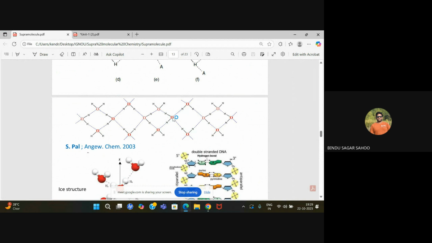Generally, if you consider any compound in solid, liquid, and gaseous form, the solid form has more density compared to the liquid and gaseous. If you go from solid to gas, generally the density decreases. If you go from gas to solid, generally the density increases.